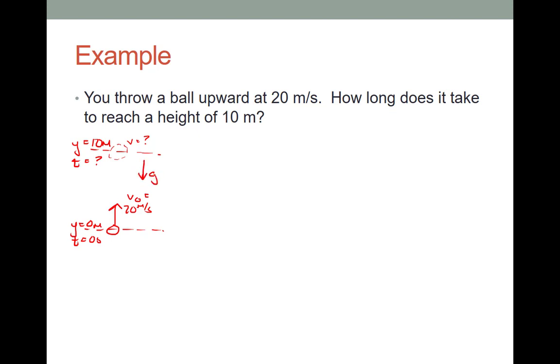I'm going to again let gravity be downward. And for a change of pace on this one, I'm going to let the positive direction be downward. Okay. I can now define my grocery list.